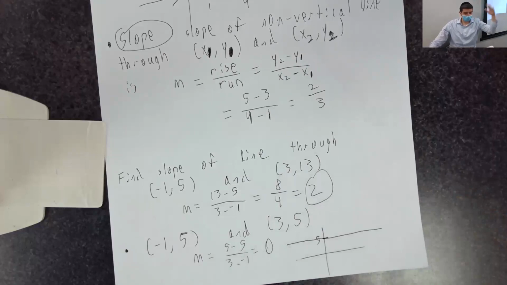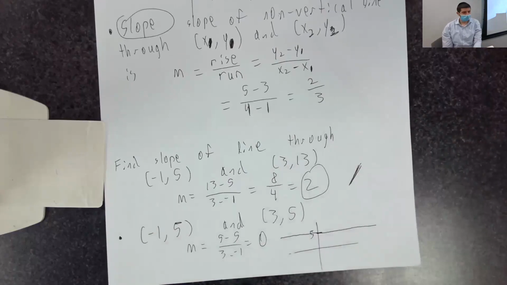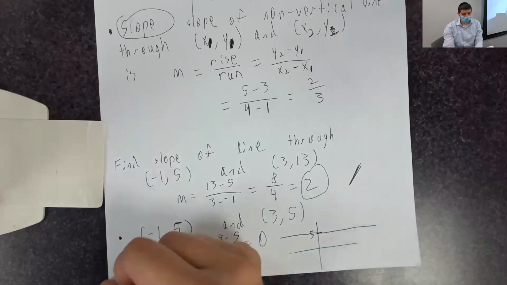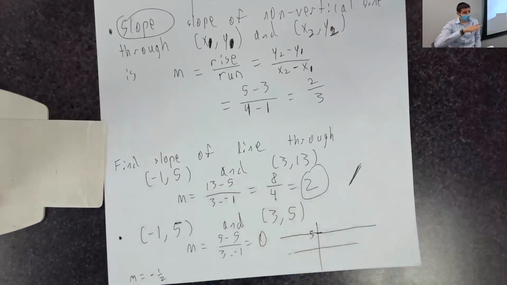So bigger numbers are steeper slopes. Like 2 would be a line like this. And if m was like -1/2, the 1/2 means it's pretty shallow, but the negative also means it's going the other way. So this is positive, and this way would be negative.